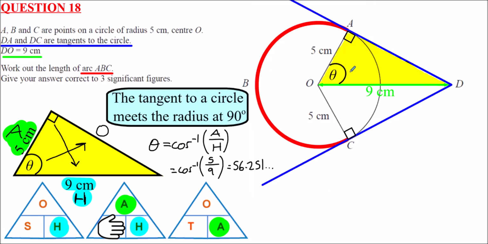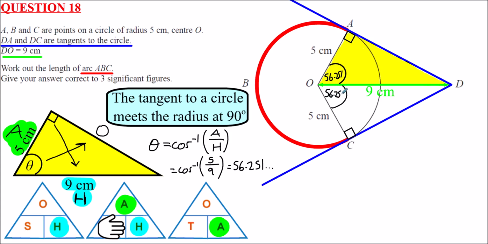Now, because this triangle and this bottom one are the same, this angle will also be 56.251 degrees. So I can just fill in that each of these is actually 56.251, as is this one.